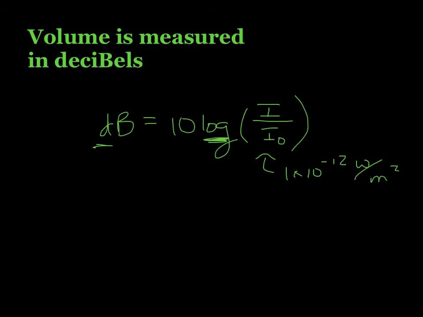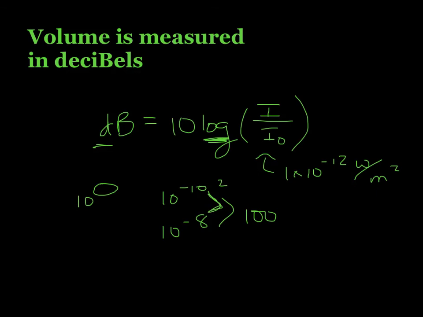Okay, remember logs, and you may or may not remember this, but logs mean basically to what power is the 10 raised. Okay, so if I have one sound that's 10 to the minus 10 and another sound that's 10 to the minus 8, there's a difference of 100 here. But the difference in the exponent is only 2.